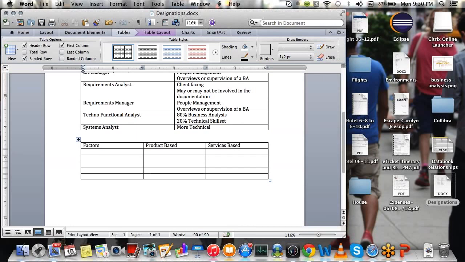Experience, education. Our attitude first, and then knowledge. Okay, so these are the few things which you guys need to consider.